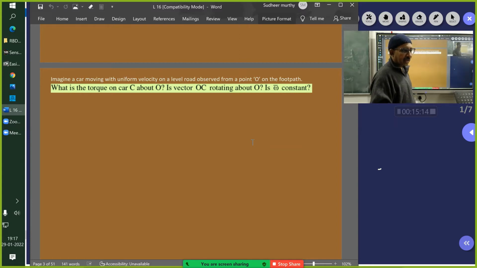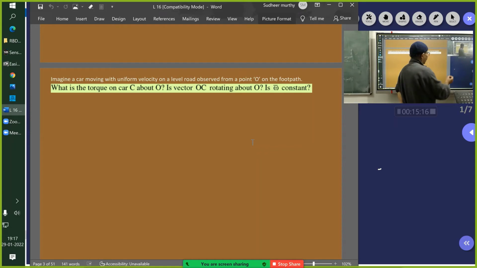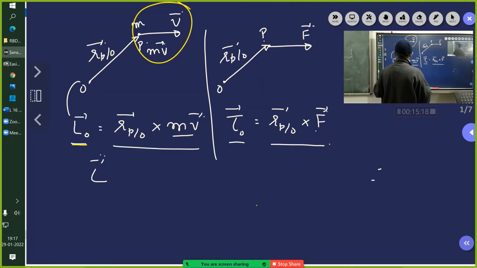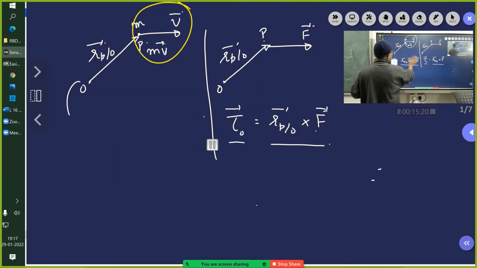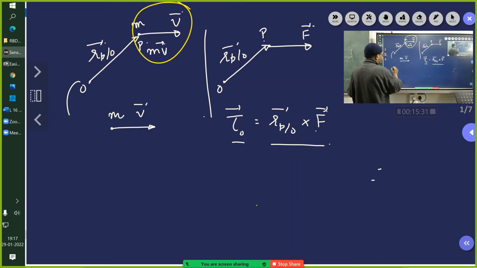I do the diagram, then from that we abstract. If your diagram is clear, you can mark this car and say the car is in motion with velocity V bar. You can assume the mass of the car to be m, and this is the footpath, which you are using as the reference.